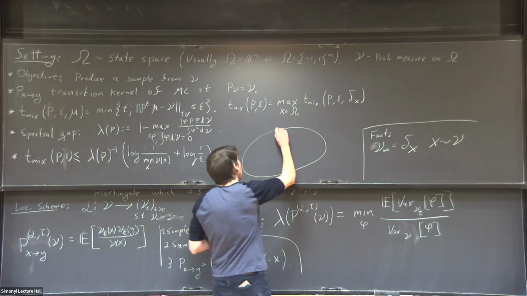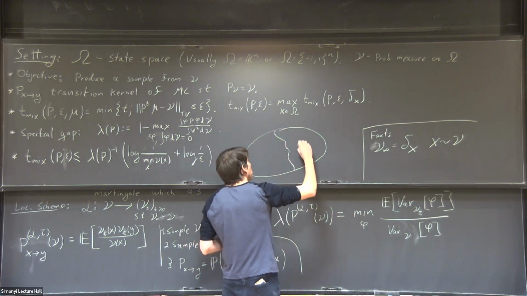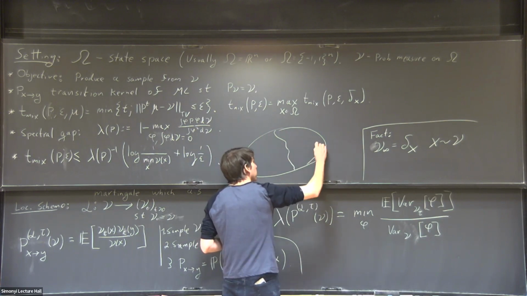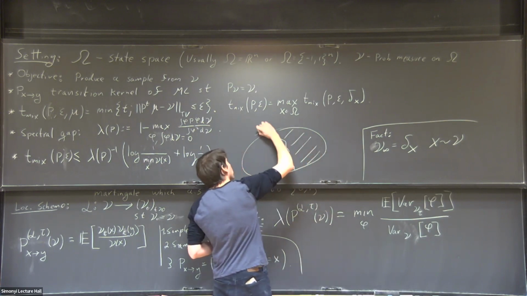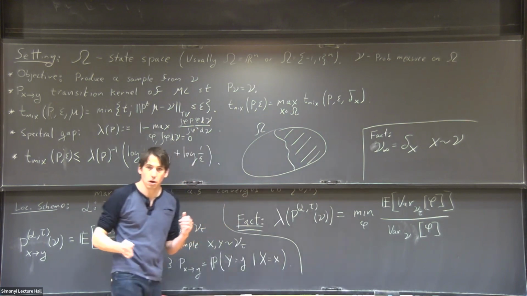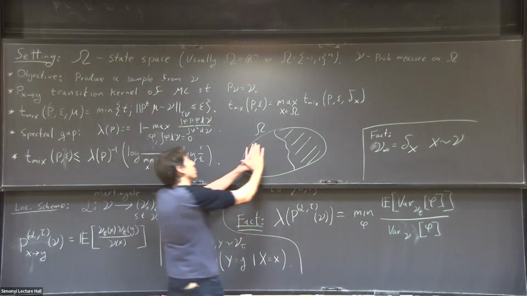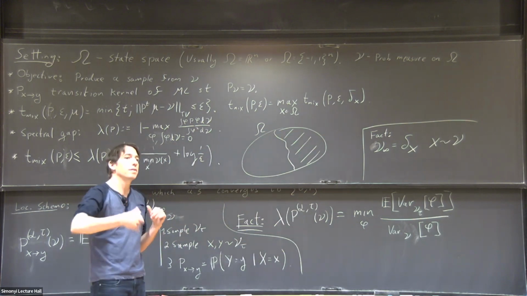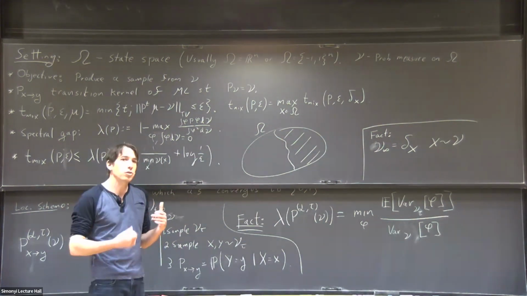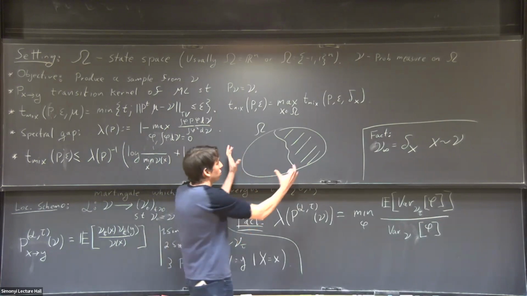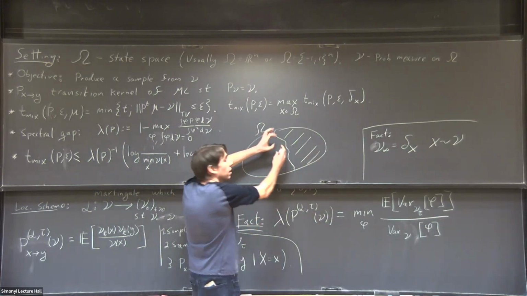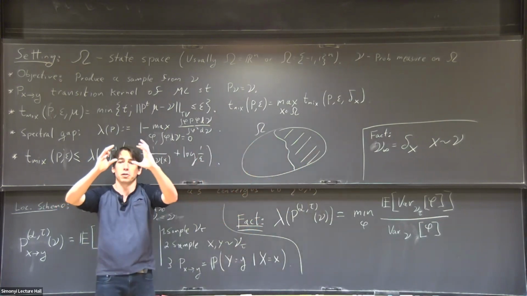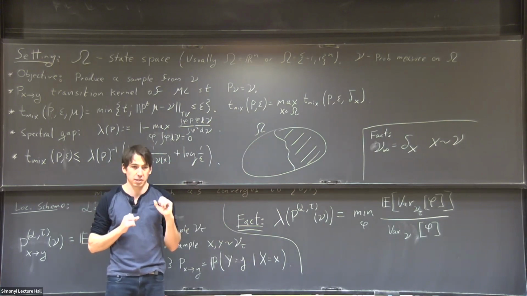So maybe phi is the indicator of this, and all of this is my state space omega. First I had some measure mu on the entire state space omega, and I run the localization scheme, which gives me measures which are zooming in to a smaller and smaller portion of my state space.